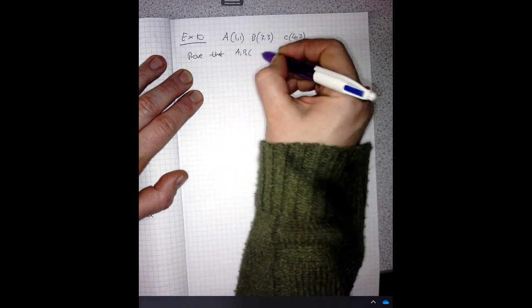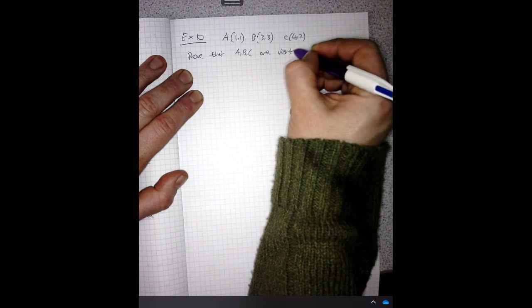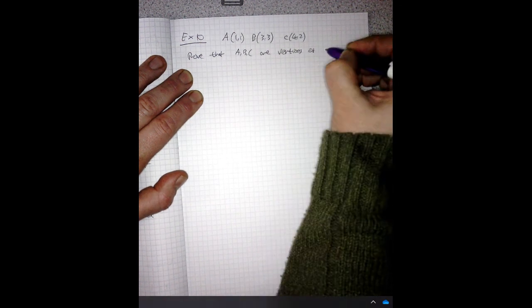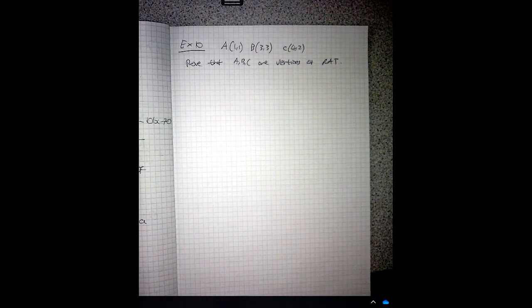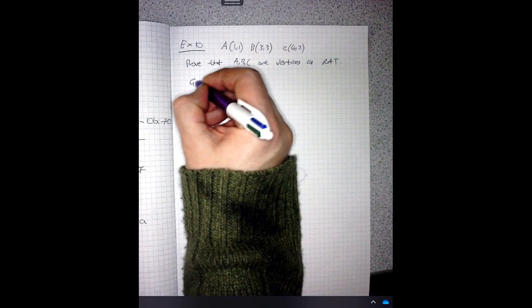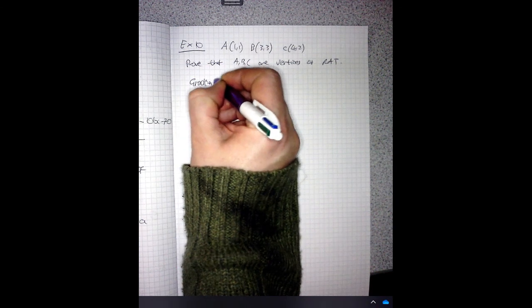Now, I'm going to prove that they're the vertices of a triangle, and then prove that they're the vertices of a right-angled triangle. So let's look at the gradient AB, difference in y over difference in x.